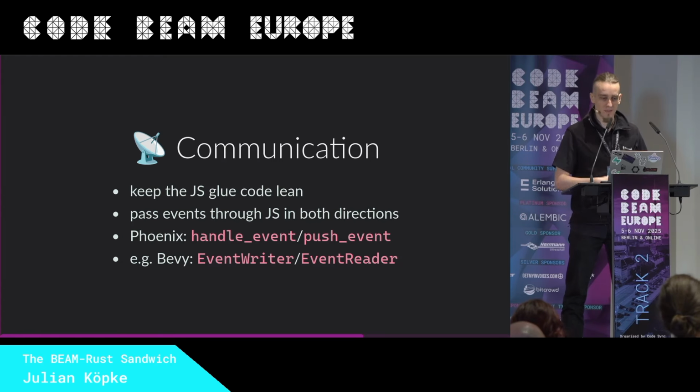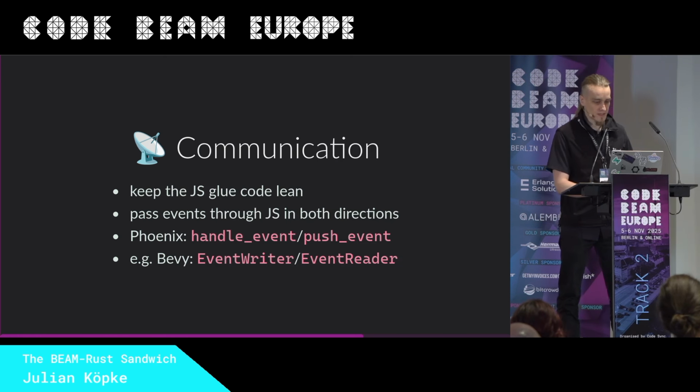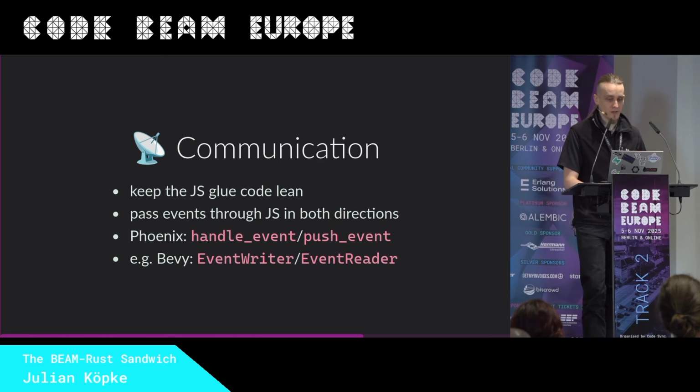We just pass events through in both directions. In Phoenix, we can use the handle_event and the push_event functions to deal with this. And depending on the framework or the libraries you use for generating your WebAssembly, in our example, we used Bevy ECS. There you have a nice event writer and reader, so you can treat those events in a similar way.